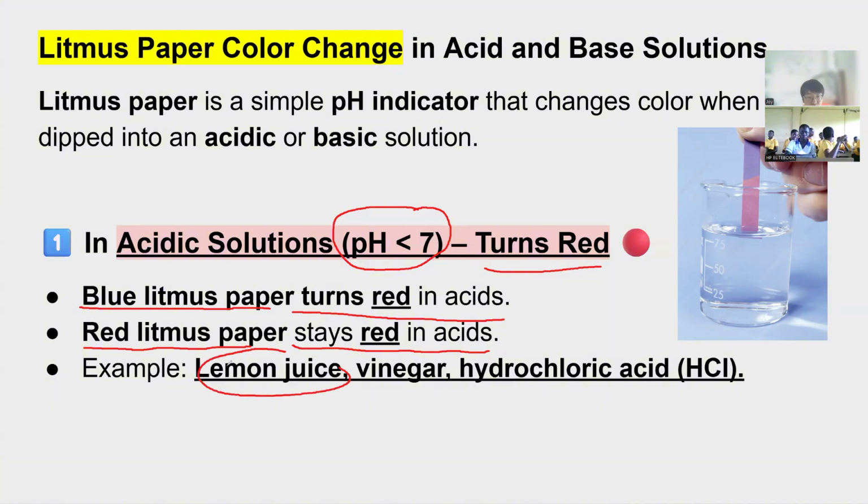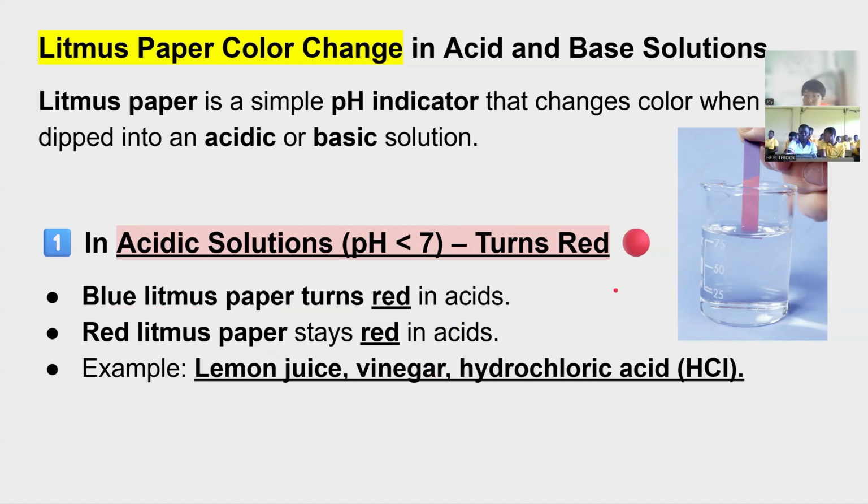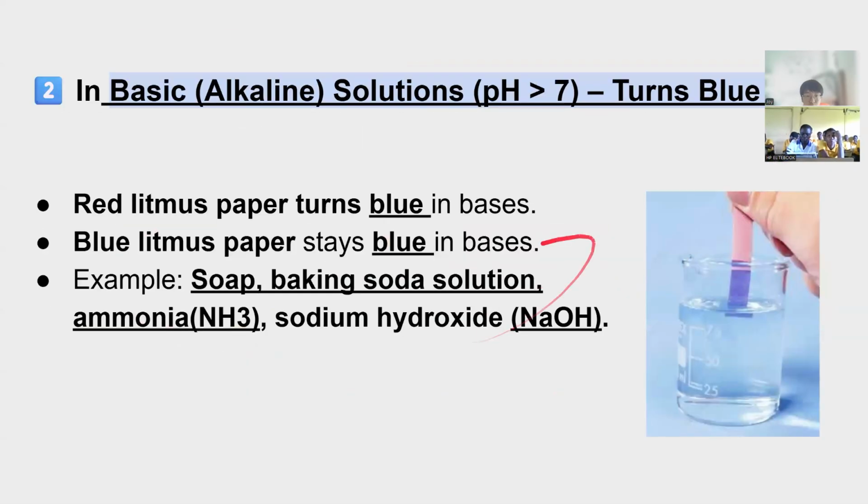Examples of acids are lemon juice, vinegar, and hydrochloric acid. All of these are examples of acidic solutions. You can write down that acids turn litmus paper red.